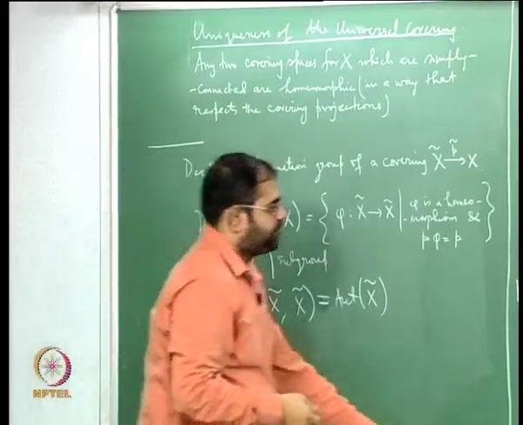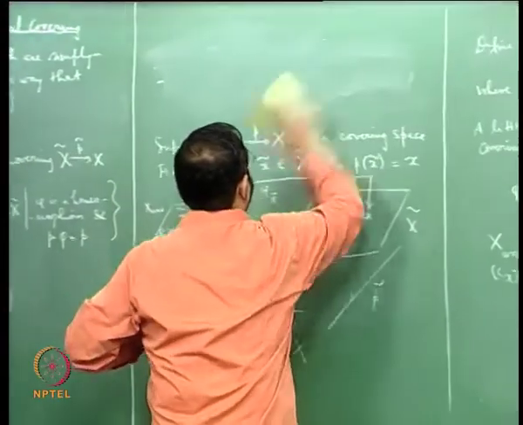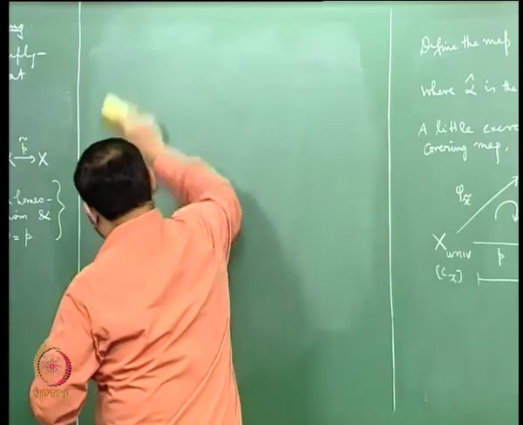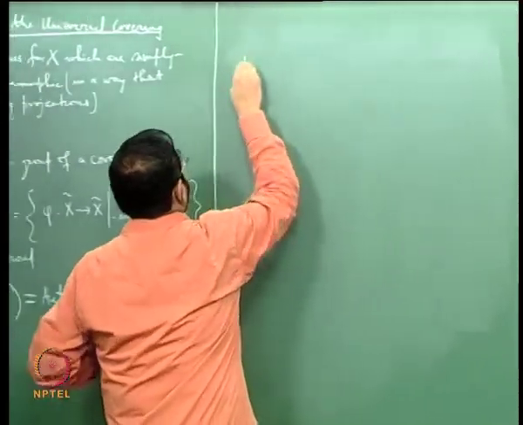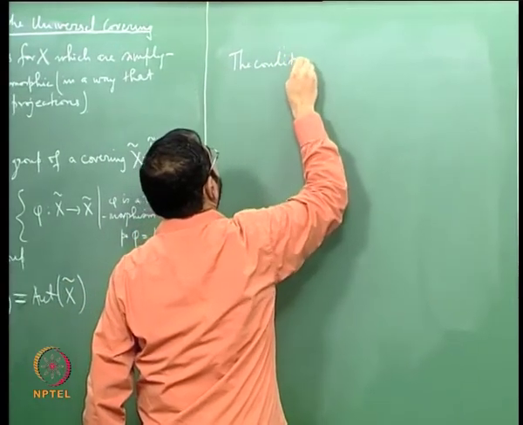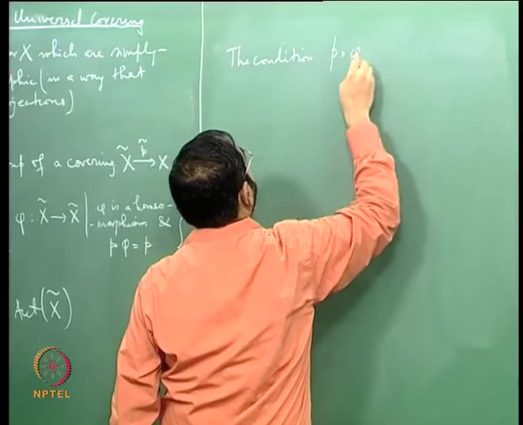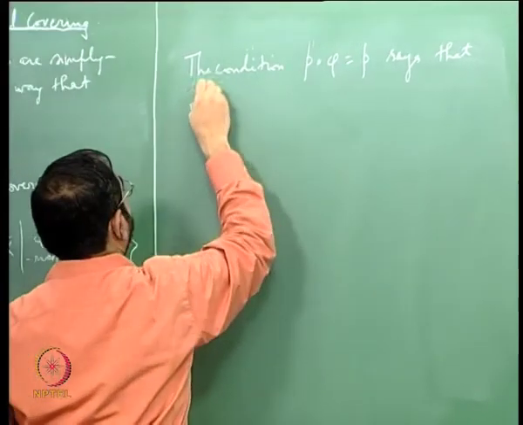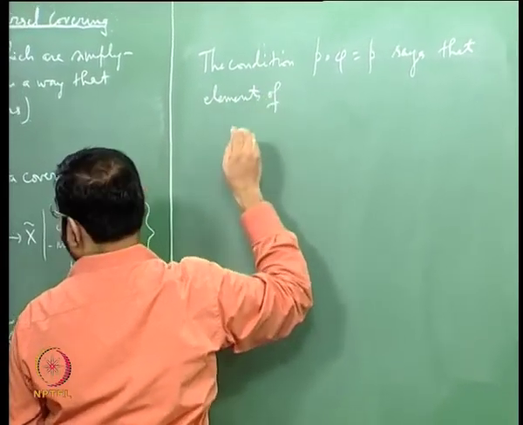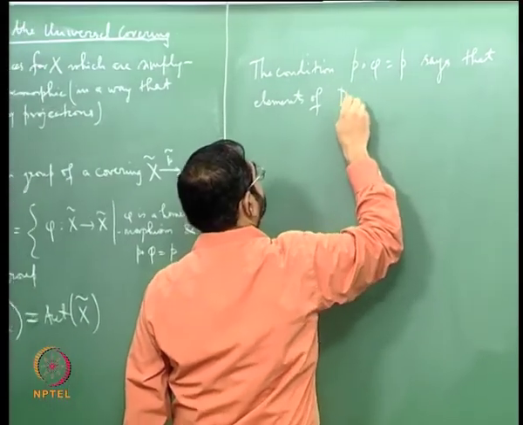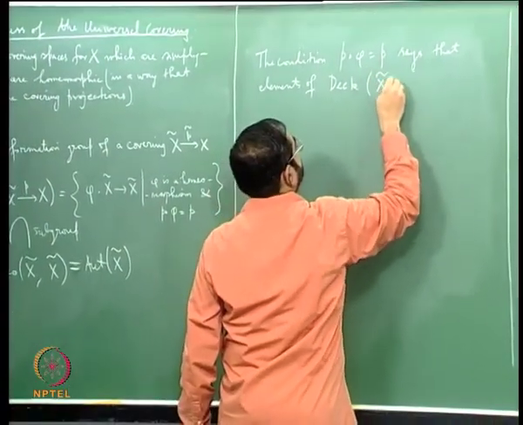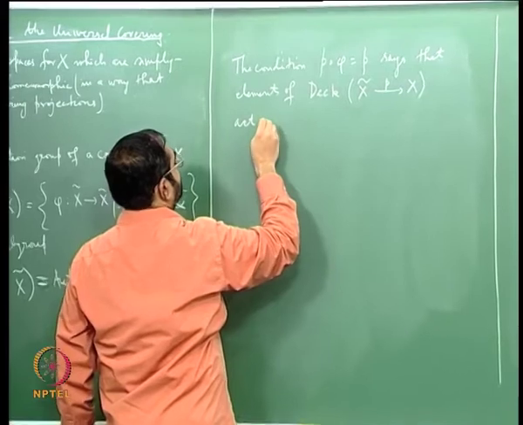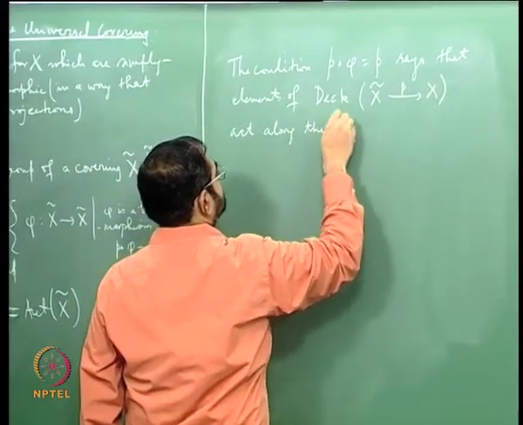So the condition, let me write that down. The condition p circle phi is equal to p says that elements of the deck transformation group act along the fibers of p.